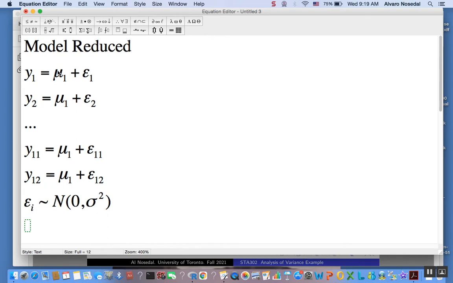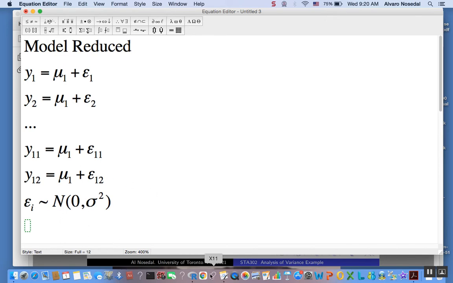For the complete model, basically we can write this down using matrix notation, like a vector y with 12 rows and 1 column, and our design matrix x will be a column of ones times a beta parameter, which is only one number, mu1, plus a vector of random fluctuations with 12 rows and 1 column, one epsilon vector.